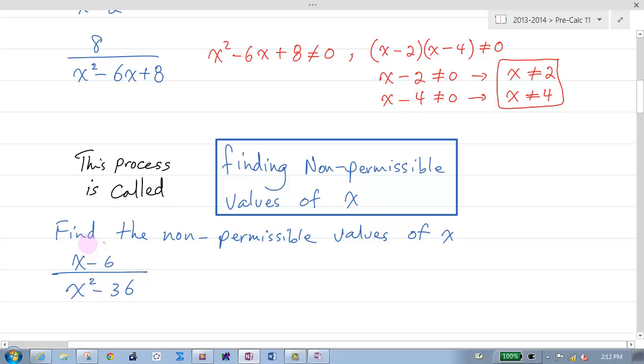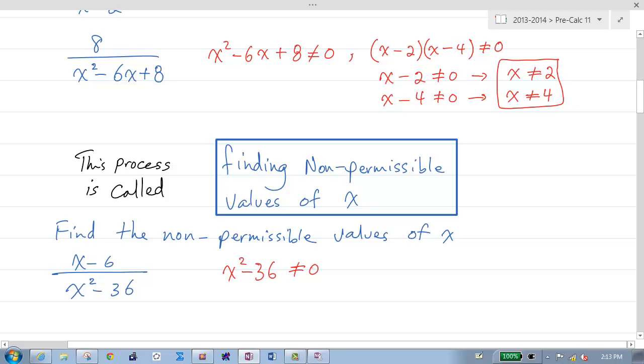Okay, we want to find the non-permissible values of x in this particular expression, which has x minus 6 over x squared minus 36. In the form that it is, I'm going to say x squared minus 36 cannot be equal to 0. I do not change anything, right?